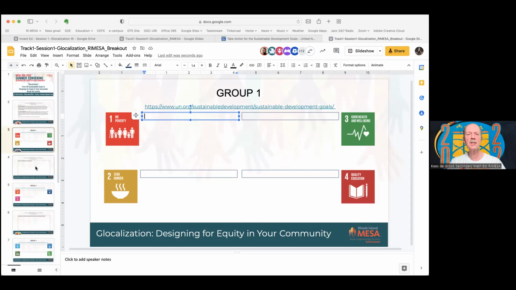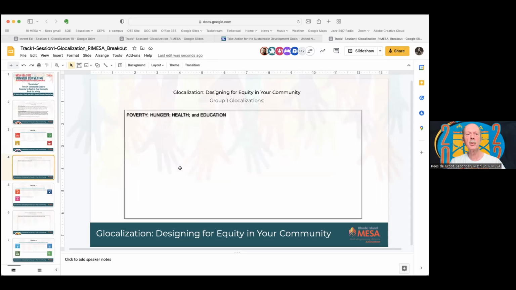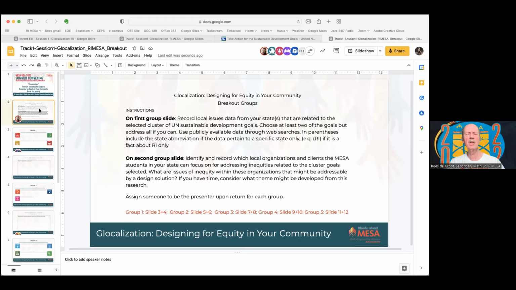And then on the second slide for the group, this is where you identify some of the organizations in the different states that you're from that might be addressing these and that could form potential clients. And then secondly, what might be some of the inequities that these organizations are dealing with?